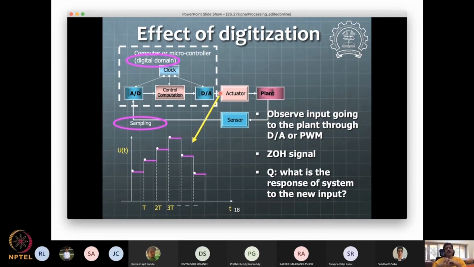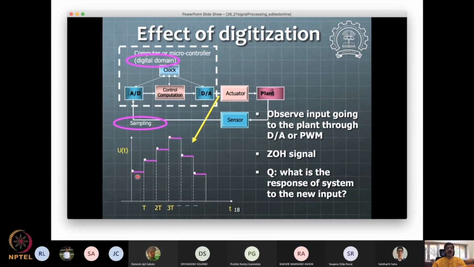The question here is if your actuator is getting a signal of this sort. Now we know why the actuator will get a signal of this sort. This signal is received by the actuator, then the actuator will implement this signal on the plant, just an amplified version of the signal. Under such a scenario, how is my plant going to behave?